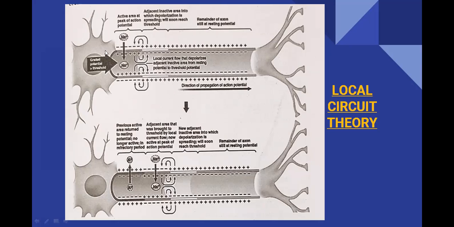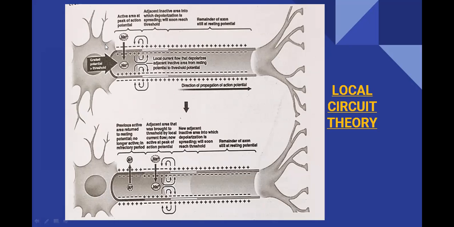As I've already told, in the soma, or the neuron cell body, due to the stimuli, nerve impulse will be generated.